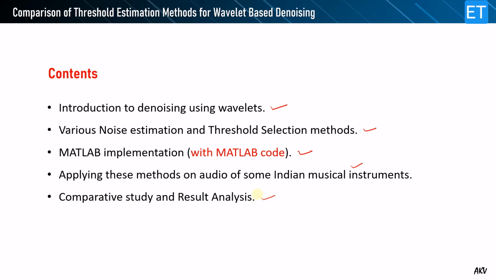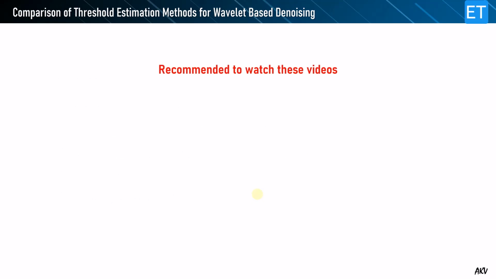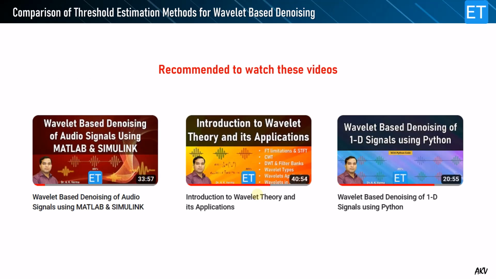So let's go ahead. But before going ahead, I recommend you to watch the following three videos. The first one is about the wavelet based denoising of audio signals using Matlab and Simulink. This is the basic video. Here I have explained how Matlab and Simulink can be used to denoise audio signals.